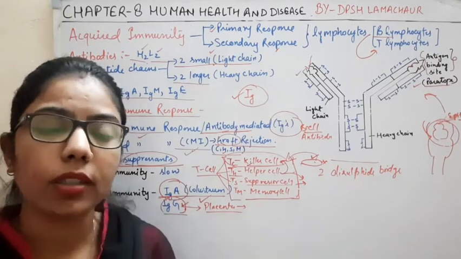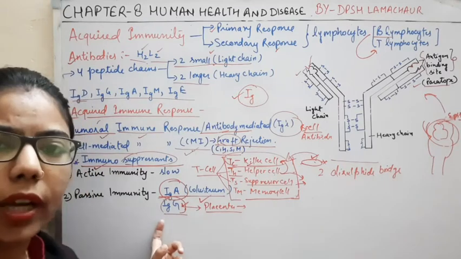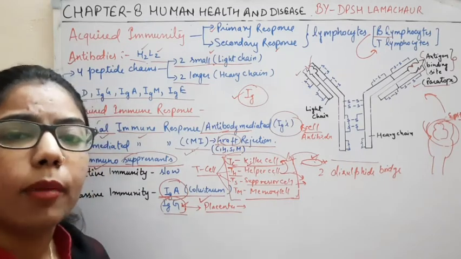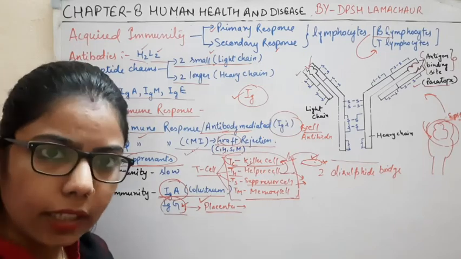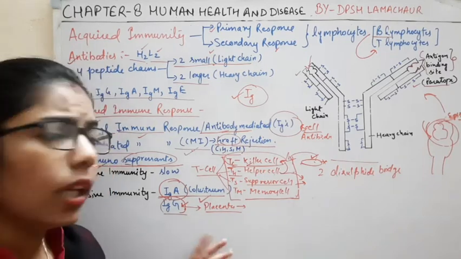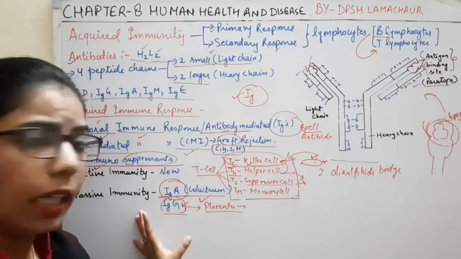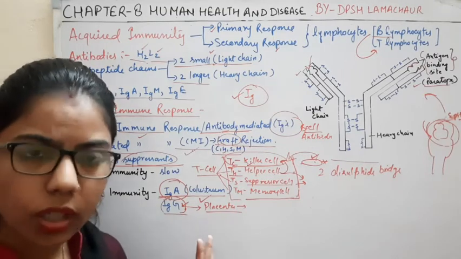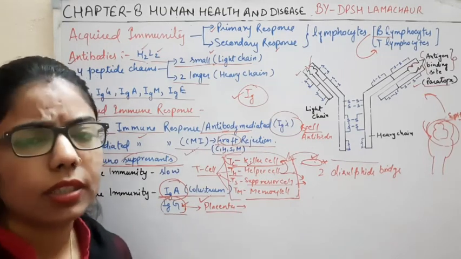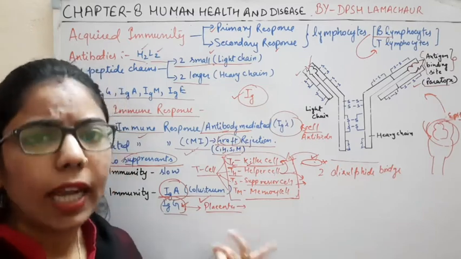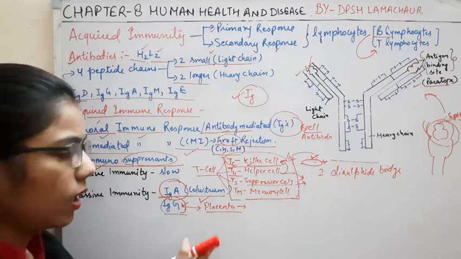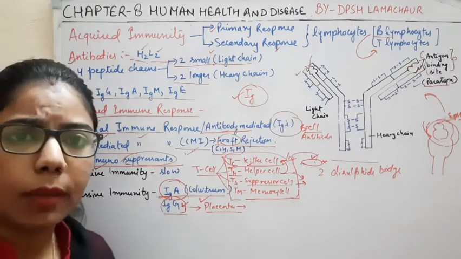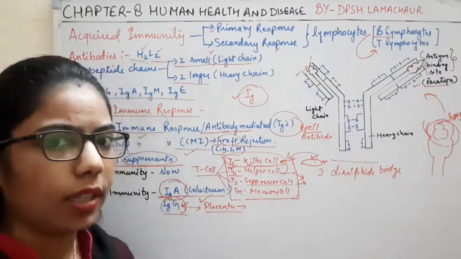So at that time we provide an injection which has antibodies for tetanus. So directly we are providing those antibodies inside the individual. In case of snake bites, we directly provide the antivenom so that it works very fast, right? So here also we are providing immunity from the outside.